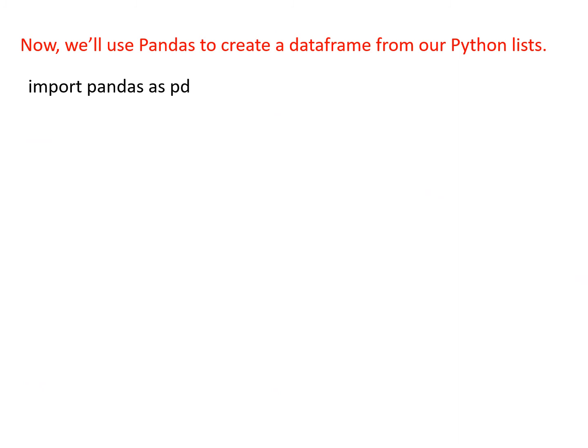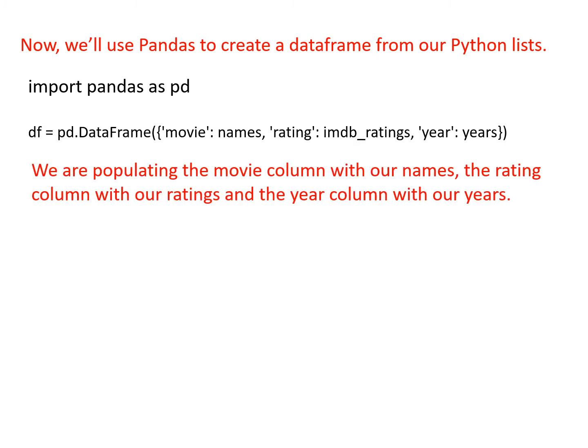Okay, so now we have those three separate lists, and now we need to put them together in a data frame. We have used pandas for that in the past, so we're going to use that again. So we would import pandas as pd, and then df equals, and this is something we haven't seen before, but what this line is doing is taking our individual lists.